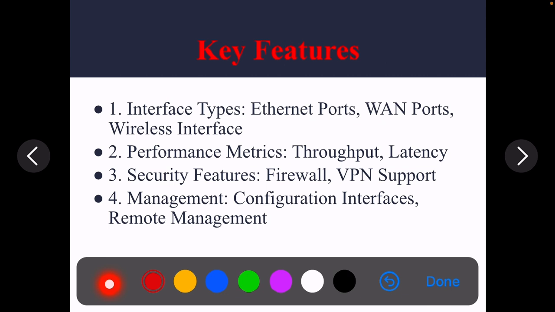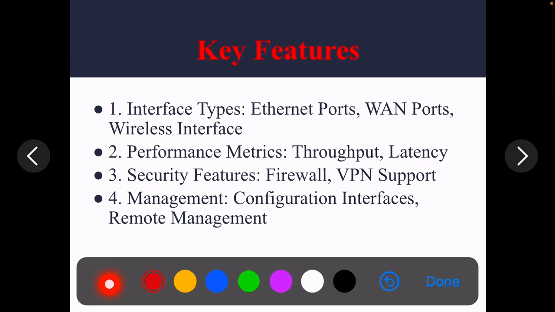The next is performance metrics. In performance metrics there are throughput and latency. What are throughput and latency? Throughput is the amount of data the router can process in a given time, and it is measured in Mbps or Gbps. We can say it is the speed it gives. And latency is the time taken for a packet to travel through the router, affecting network responsiveness.